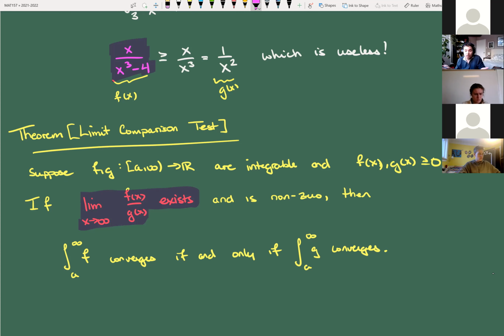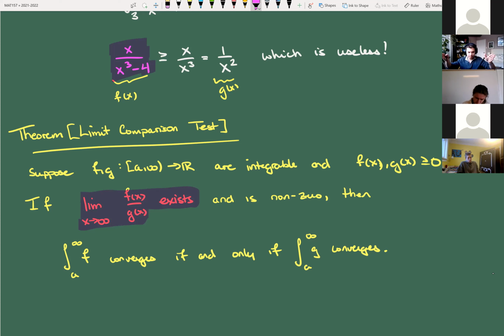And if they do exactly the same thing as x goes to infinity, up to multiplying them by some number, then one of these functions will converge if and only if the other function converges, i.e., if f converges, g converges. If f diverges, g diverges, right? They have to do the same thing. So this theorem says, if f and g do the same thing as x goes to infinity, then their improper integrals have to do the same thing as well.